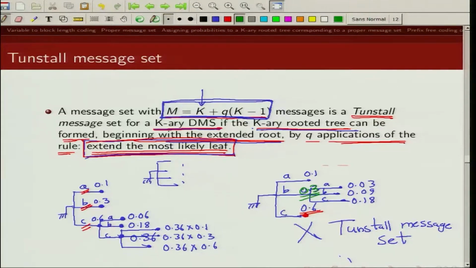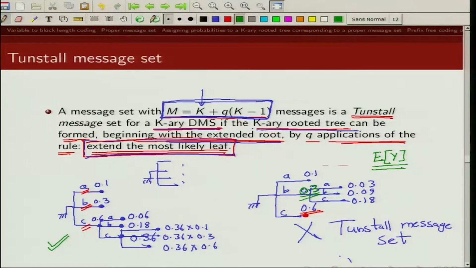So this is not a Tunstall message set, whereas this is a Tunstall message set. Now you can see easily why a Tunstall message set maximizes the expected value of Y, because that's our objective. We want to parse the message in a fashion which would maximize the expected value of Y.